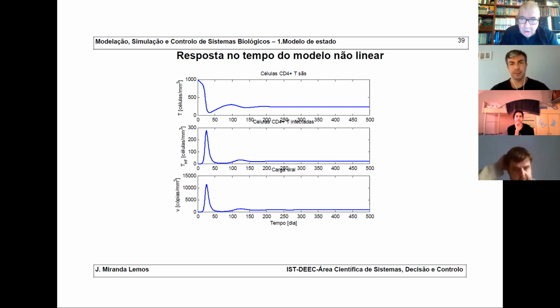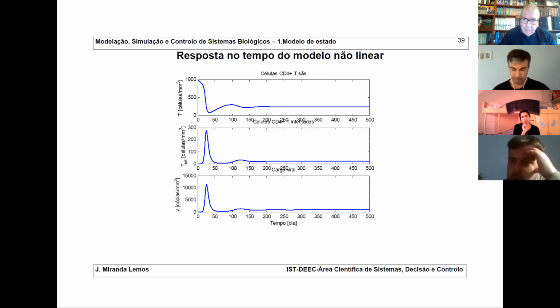In particular, how many equilibrium points, and what are the equilibrium points? Could it happen that you have only one equilibrium point in this system?